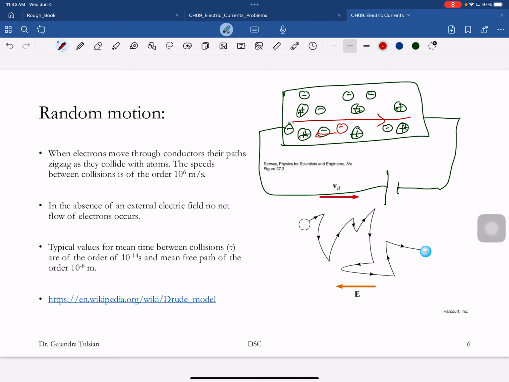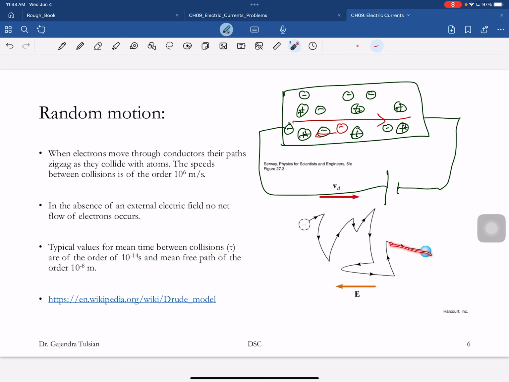When electrons move through conductors, the speed between collisions is of the order of 10 to the 6 meters per second. 10 to the 3 meters is a kilometer, so 1,000 kilometers a second. In the absence of an electric field, no net flow of electrons occurs. A typical value for the time between collisions is 10 to the minus 14 seconds.